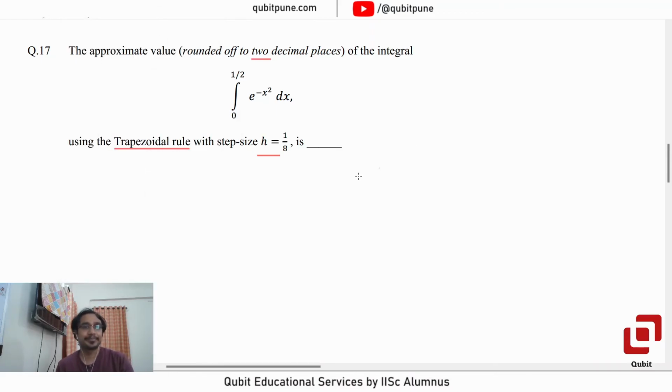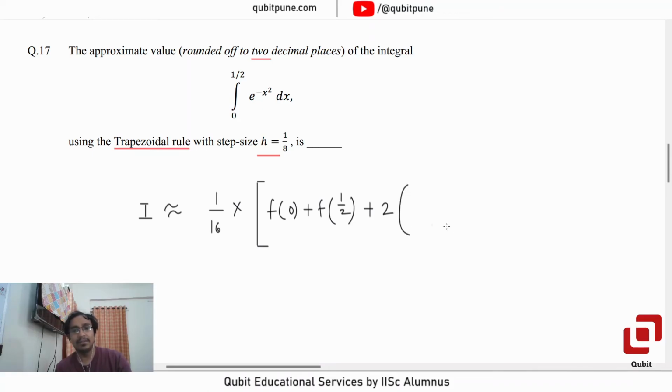So what does trapezoidal rule tell us? It tells us the integral is approximately equal to h by 2, so 1 upon 16, into the value of the function at the endpoints plus 2 times the values of the function at all intermediate points.